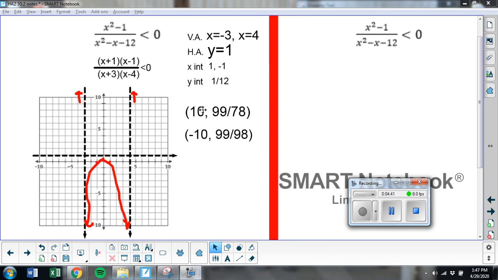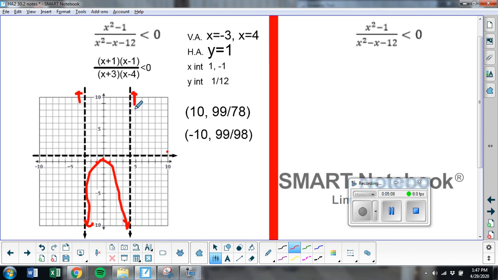Here's what I got when I plugged in 10. Again, I just use a calculator. It's fine here. If my asymptote were at 0, you wouldn't need a calculator at all. All you need to know is if it's positive or negative. But here we want to know if it's above or below this asymptote at 1. So when I come over to 10, I'm at 99 over 78, so that is a little bit over 1. So if my asymptote's at exactly 1, I'm a little bit over 1.